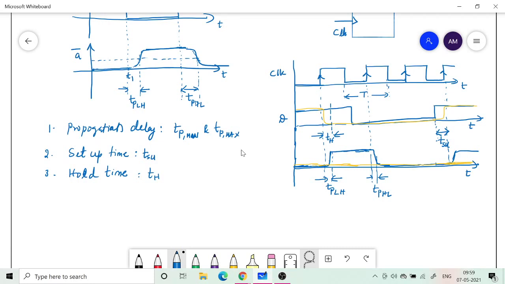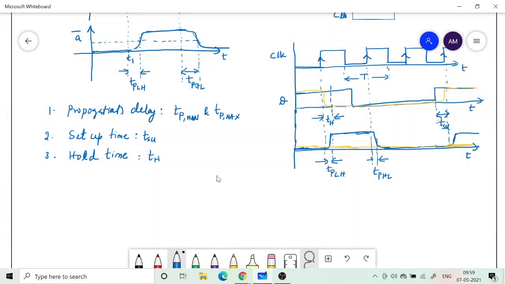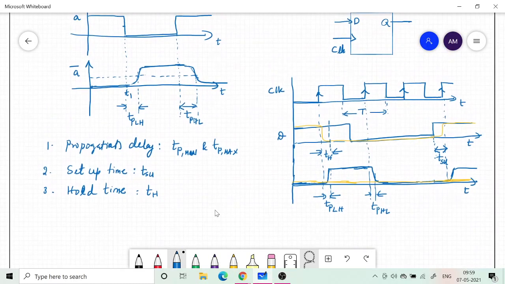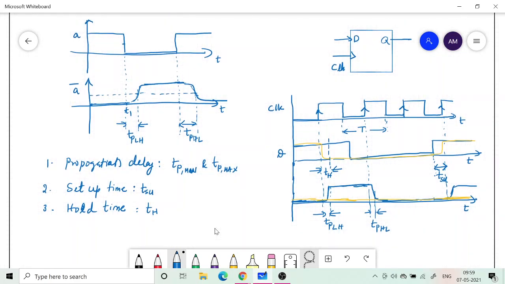Okay, so if these timings are given to us, then how do we decide the clock frequency, or what is the maximum frequency with which we can operate, so that we can ensure all these conditions are met and the transitions are happening according to the way that we require. So if you look at even this D flip-flop, to function properly, what should be the maximum frequency that we can give?